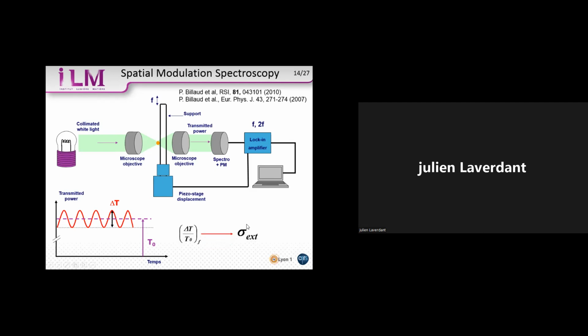And this gives you what we call the extinction. For those not really aware, you can call it the absorption. It gives you directly how much your particle absorbs. And the sensitivity is very important because each time you have all the information.